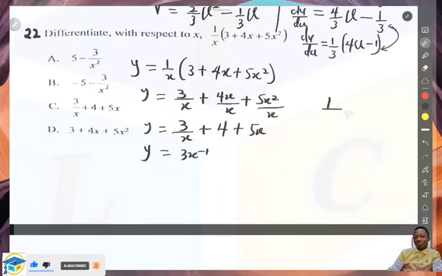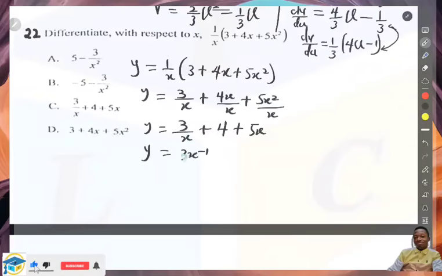It's like this: if I have 1 over 2, I can write this as 2 to the power negative 1. If I have 1 over y, I can write this as y to the power negative 1. If I have x over v squared, I can write this as x multiplying v to the power of negative 2. And you can do it for any other division to write them in a linear form.